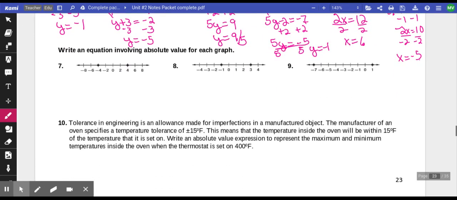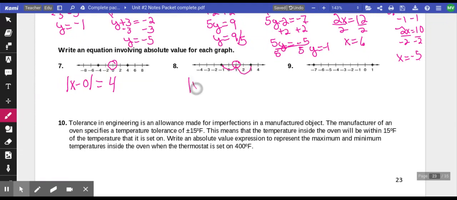So number 7, to graph this, I find the value in the middle between -4 and 4, which is 0. So that's the absolute value of x minus 0 equals, how far from 0 is 4 and -4? 4. So number 8, I find the value that's in the middle. So -1 is 2 away from 1. 3 is 2 away from 1.